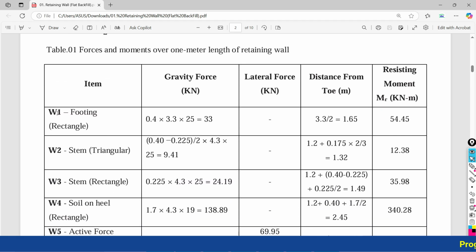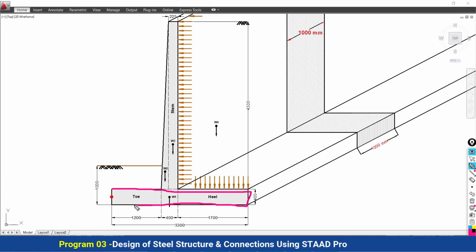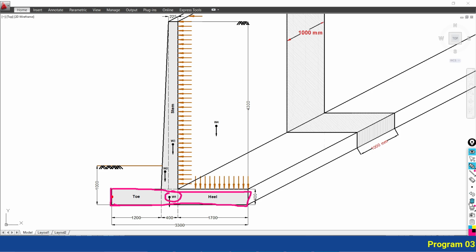Firstly we are going to calculate the weight of the footing, or the base of the retaining wall. So this is actually the base of your retaining wall. We are going to calculate the weight of this base, and it is going to be represented by W1. That is one thing we are calculating.